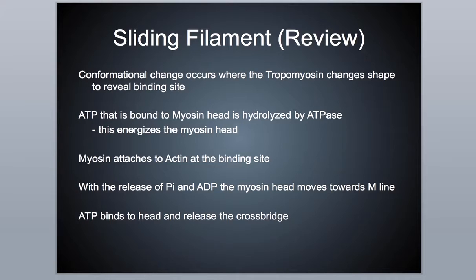All right. So again, we're going to have some type of stimulation from the brain, and it goes down through the motor units, down to the neuron, to the synapse. Acetylcholine is released, goes across that synapse, and binds to a receptor on the plasma membrane. There is electrical current going down through the transverse tubule, releasing calcium from the sarcoplasmic reticulum.